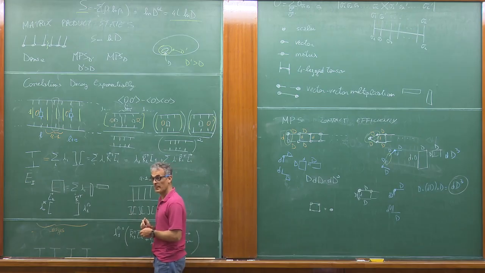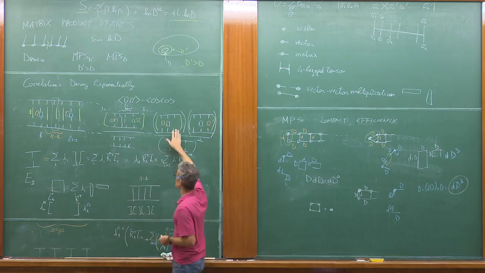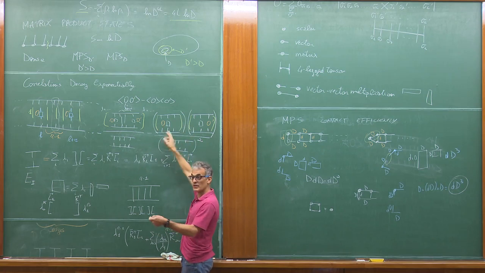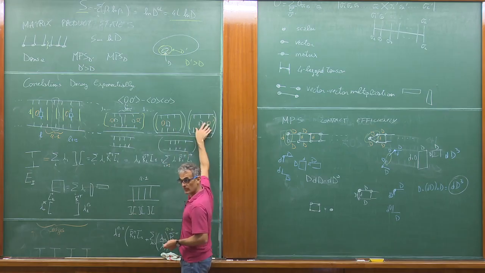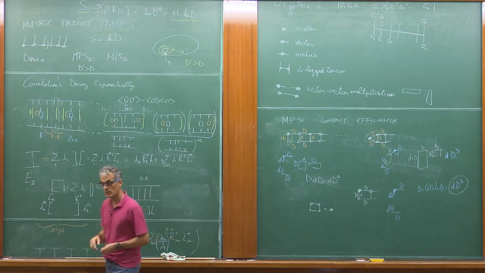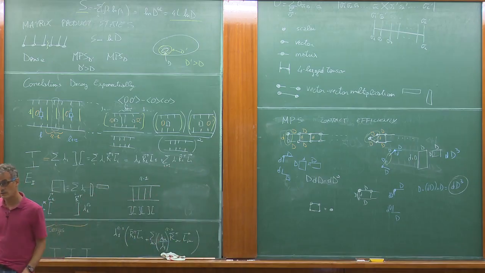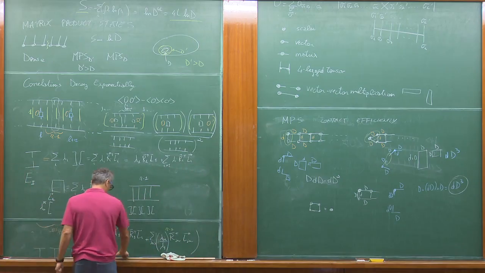Same for these calculations. You have lambda 1 n minus 1 times on the top, and lambda 1 n times at the bottom. And so you get one lambda 1 for each one of them, and so square. And why did you have just go down? Yes.